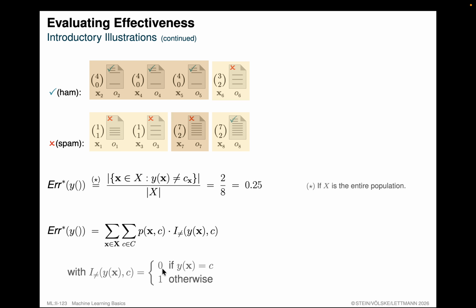And the indicator function just returns 0 if it classifies the email correctly and 1 otherwise. So we are just summing the probability mass, all the probabilities of all the misclassifications. And that gives us the joint probability of the error.